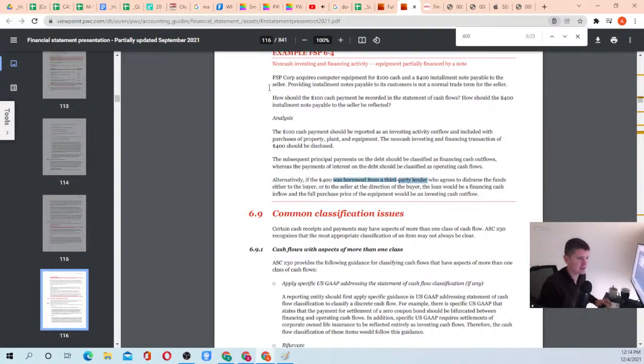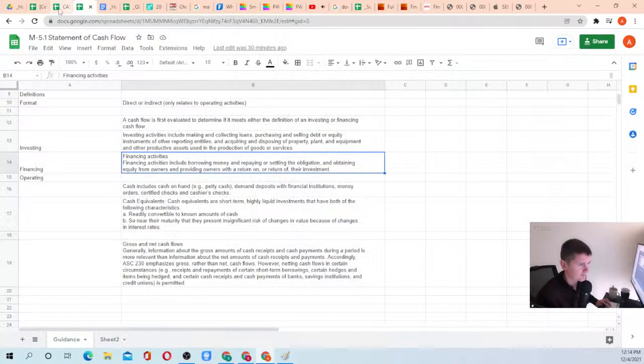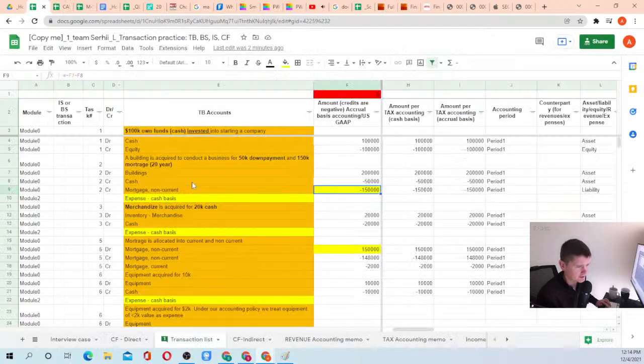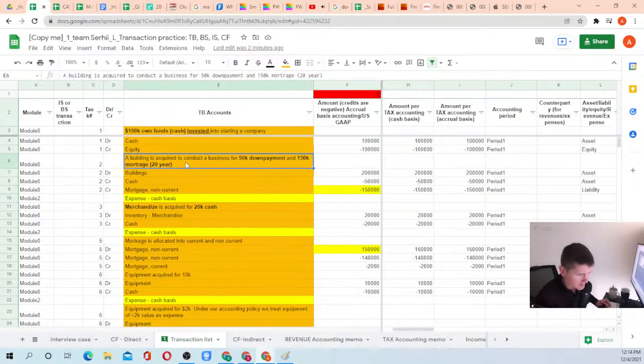And for our case, just to make it more interesting, let's say building mortgage. Mortgage usually is third-party financing.